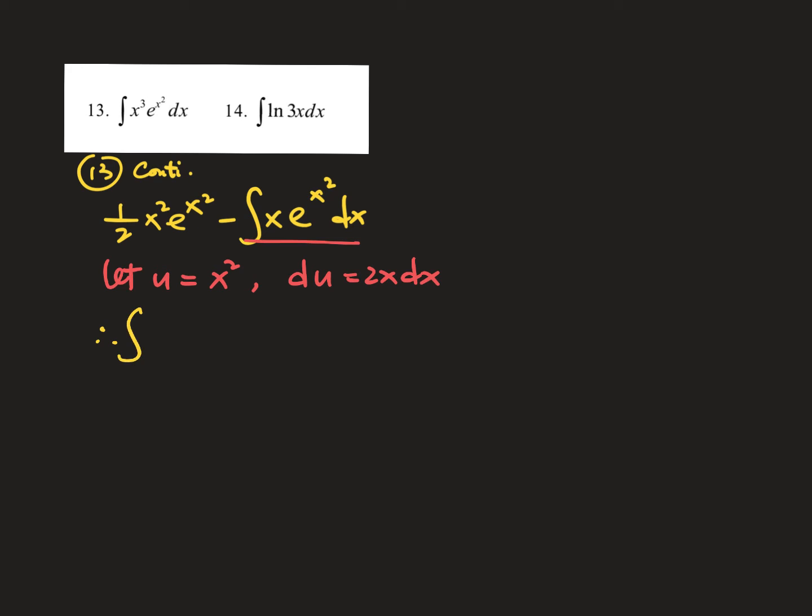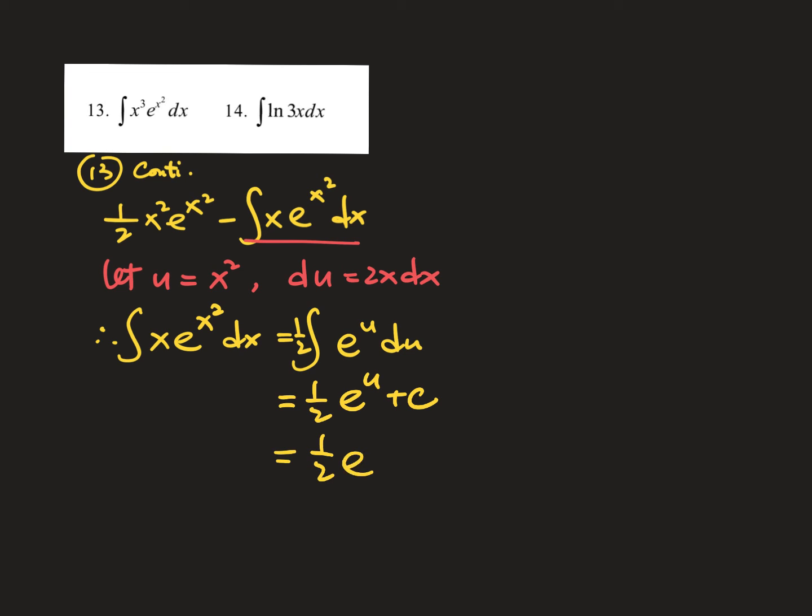As a result, the integration of x e to the power x squared dx will be equal to 1 over 2, and then e to the power u du. Then you can obtain the answer very quickly, which gives you 1 over 2 e to the power u first, and then plus c. So that's why it goes to 1 over 2 e to the power x squared, and then plus c finally.